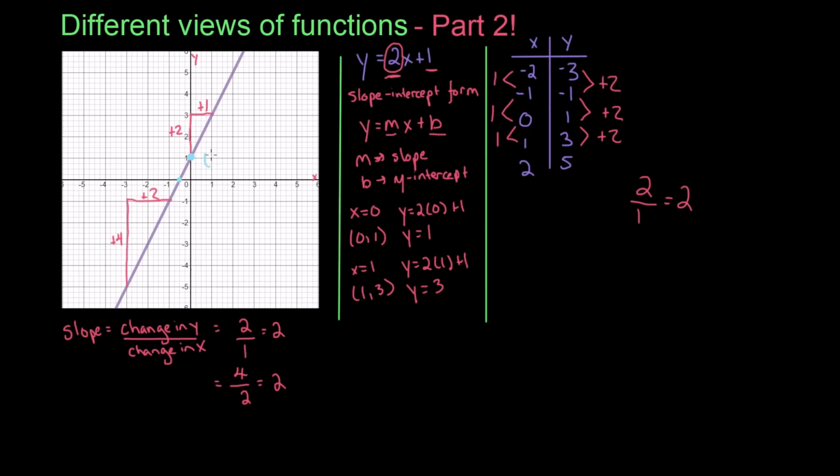So our y-intercept is 0, 1. Something interesting to note is, think about all of the points on the y-axis. This point here is like 0, 5. This point here is 0, negative 2.